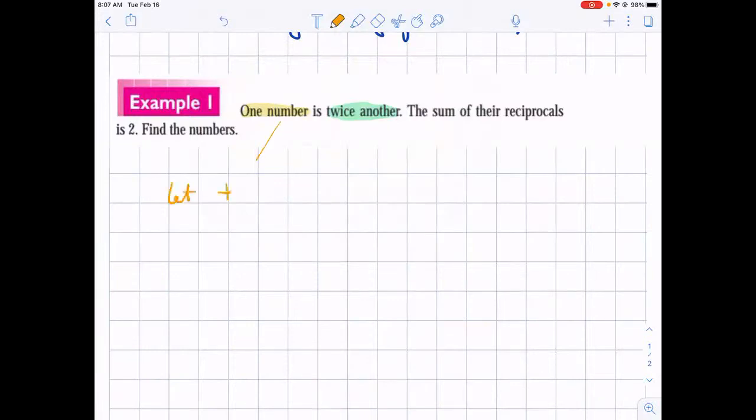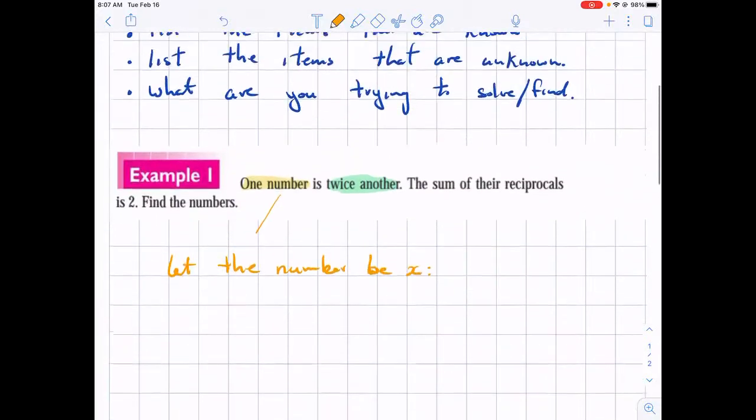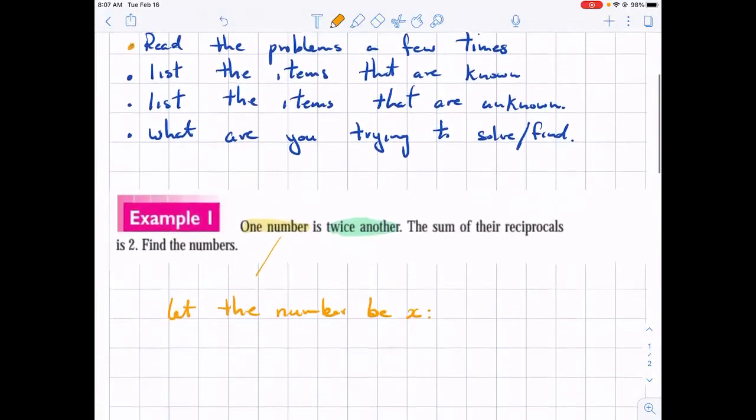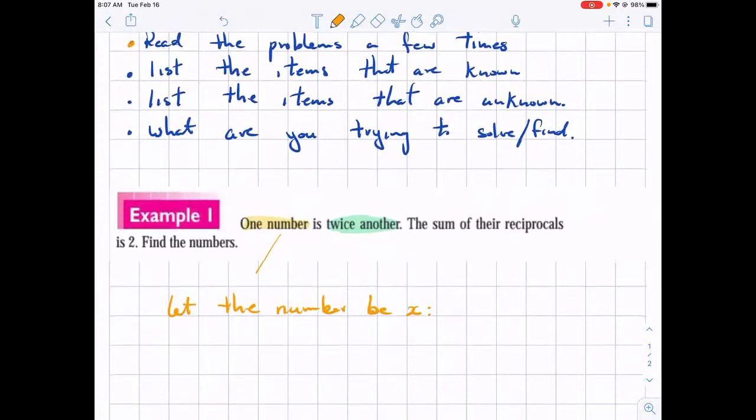So let the number be x. I hope you followed what I recommended. Read the problem a few times before you start writing things down. So I've basically skipped the first step because I did read the problem a few times.